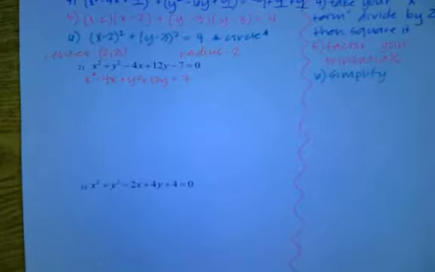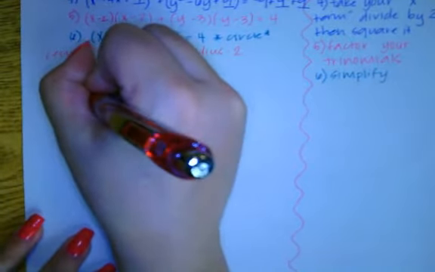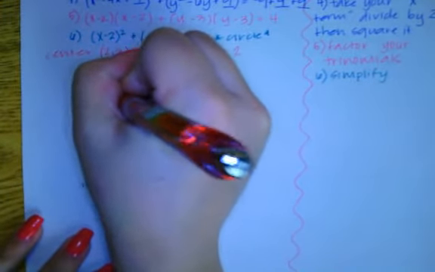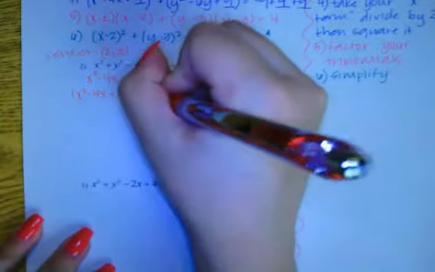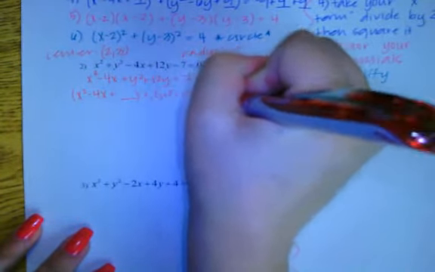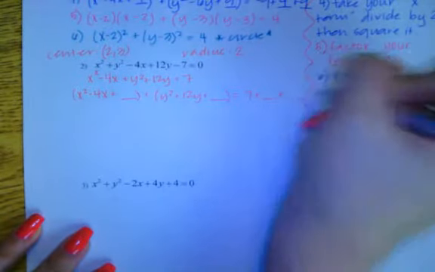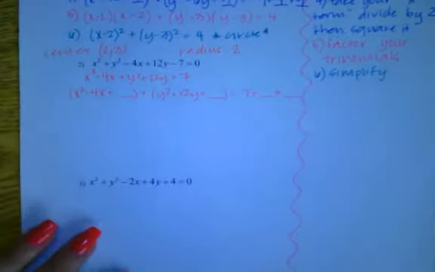Now I'm going to add my blanks. Is it always plus? It's always plus because anytime you square a number, it's going to be a positive.